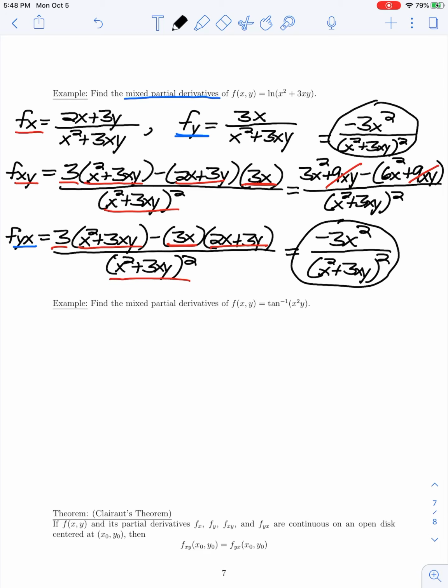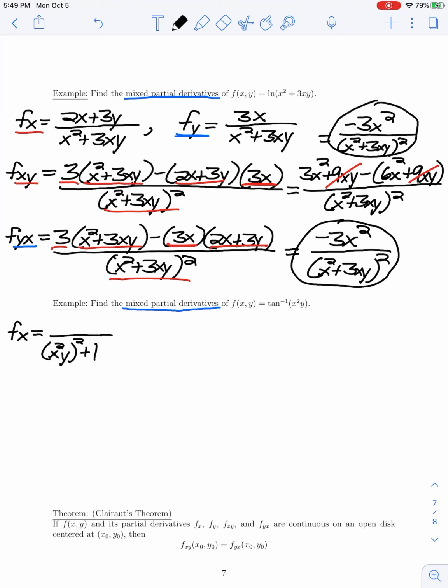So let's look at one other example to compare these mixed partials. Here, again, we are asked to find the mixed partial derivatives of arctangent of x squared y. So first differentiating f with respect to x, well, the derivative of the arctangent function is given by 1 over the variable x squared y quantity squared plus 1.